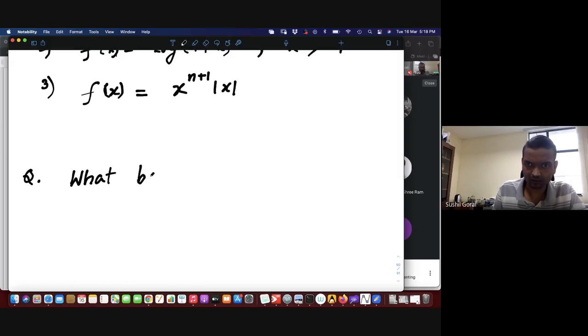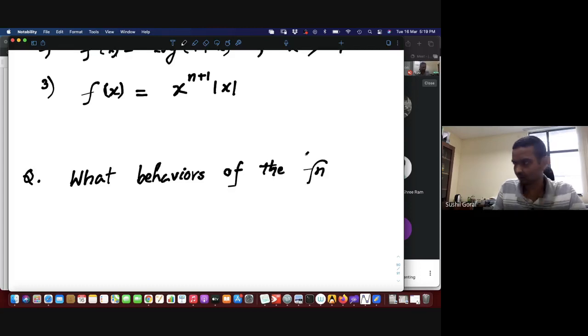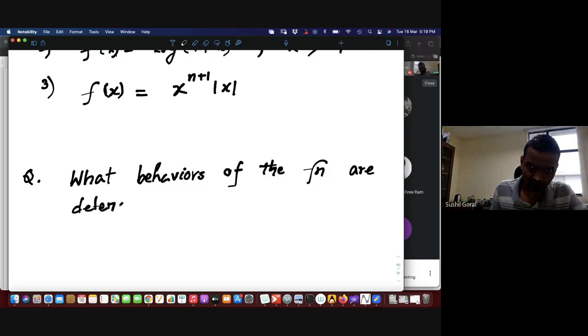Behaviors of the function are determined by the second derivative.